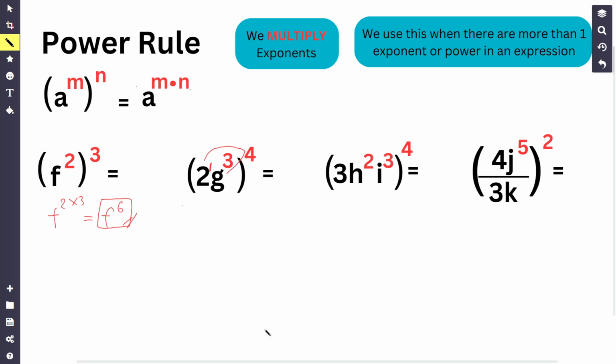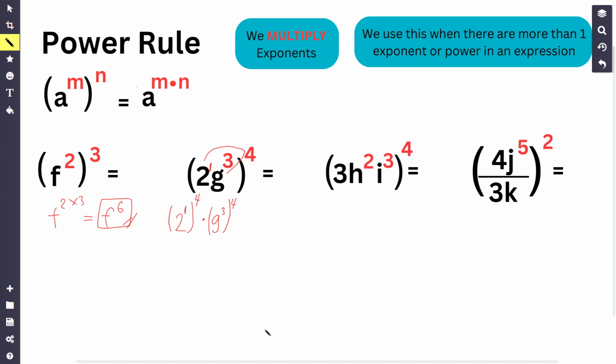So what will happen when we distribute the power? This is what's going to happen. Now we will have 2 raised to 1 and then this will be raised to 4. And then we will have g raised to 3 and then that will be raised to 4. Now you can see we have more than one power, right?